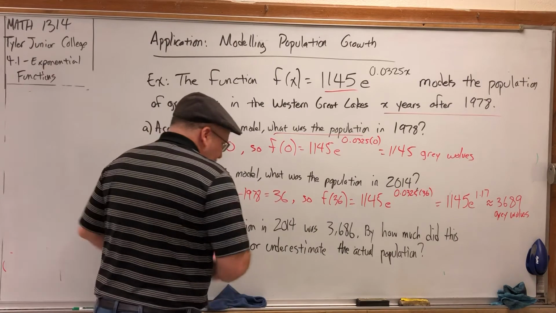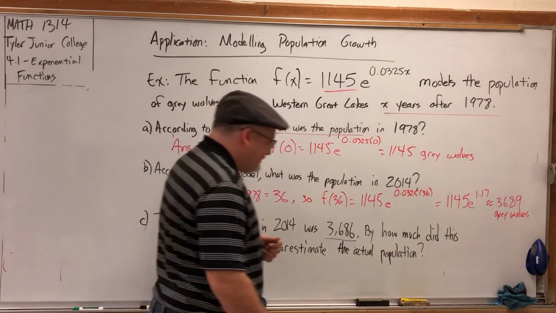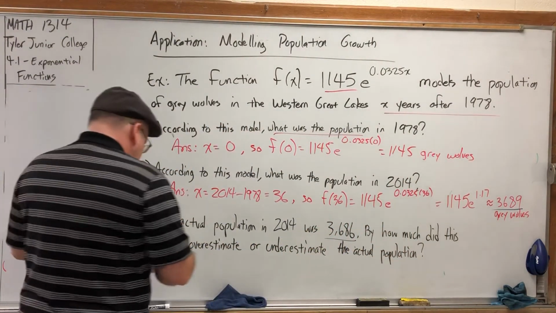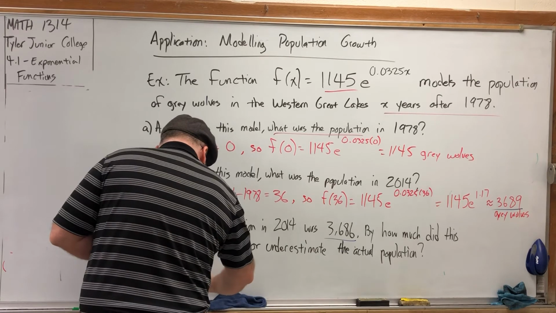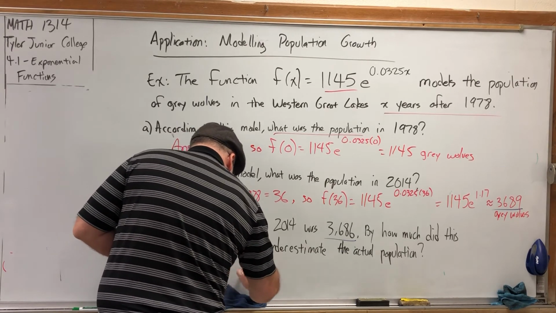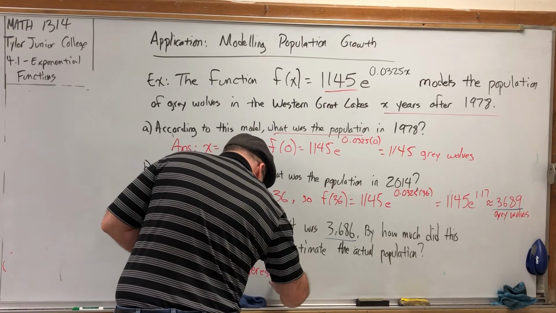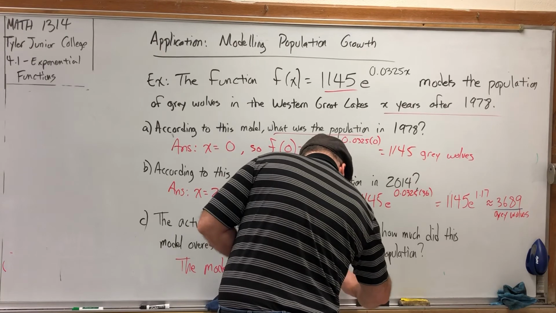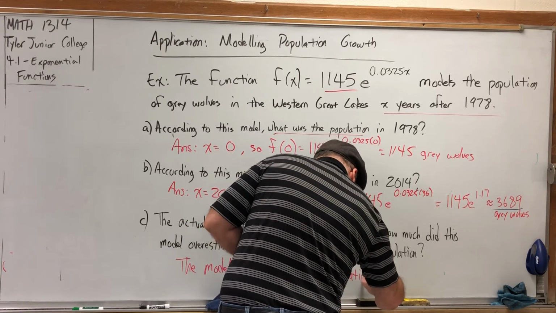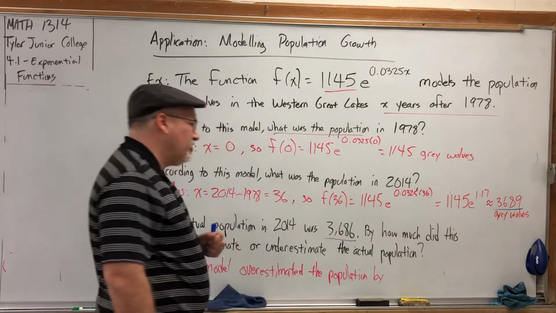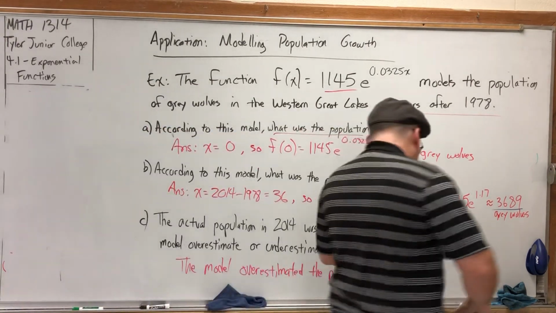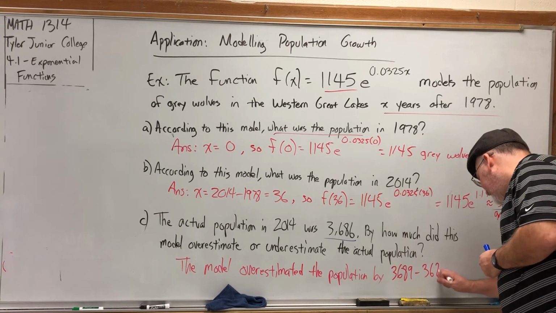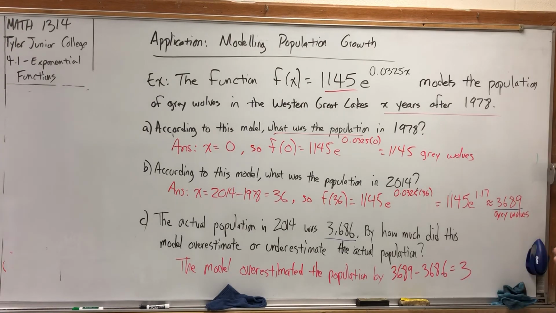Well, the actual value was 3,686, but what the model predicted was 3,689. So the model overestimated the population by, and if we wanted to see how much it overestimated it by, we could just subtract 3,689 minus 3,686, but it might have been kind of obvious that it just overestimated it by 3.